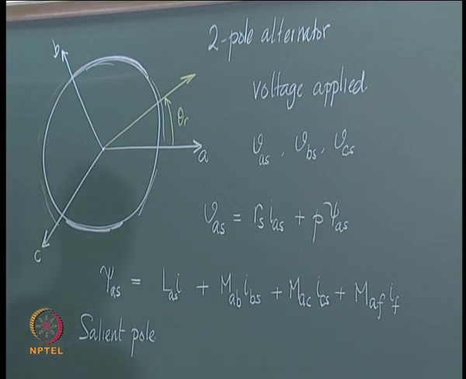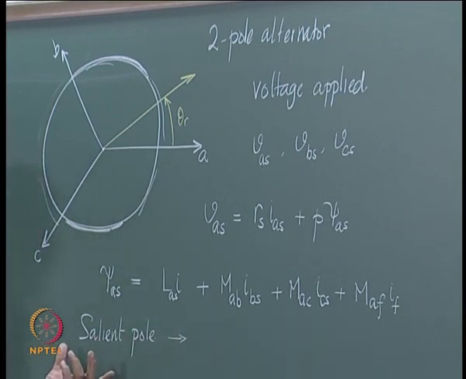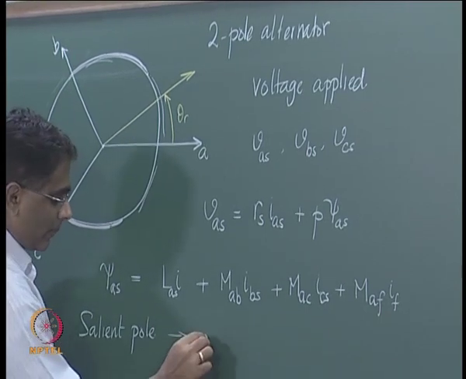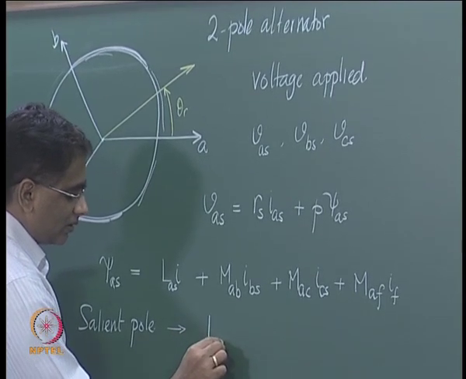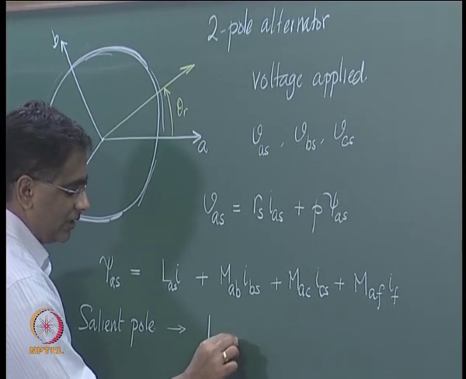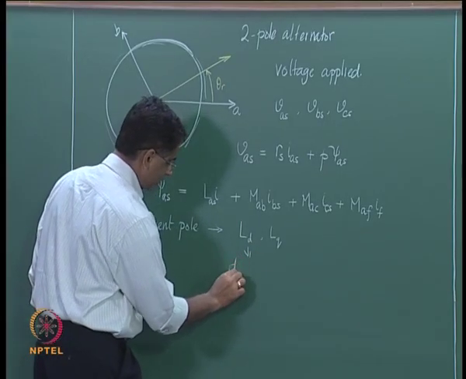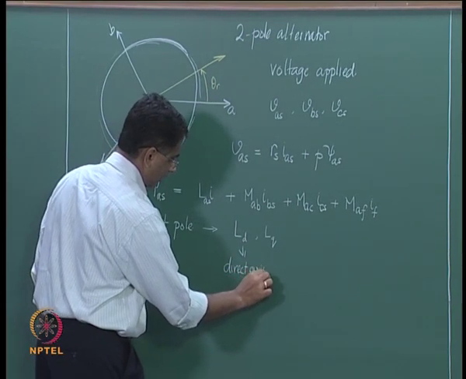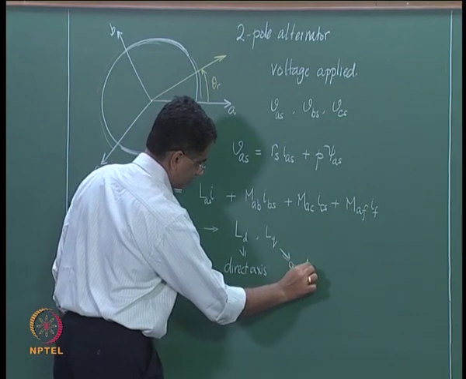And in order to describe the salient pole rotor, we had inductances which were given symbols LD and LQ. LD represents the direct axis inductance and LQ represents quadrature axis inductance.